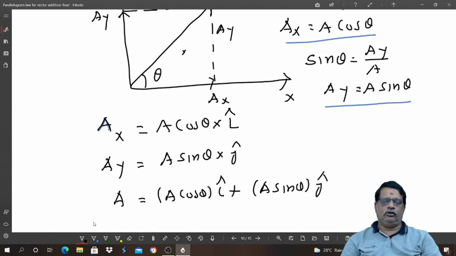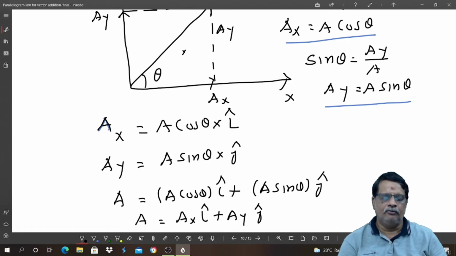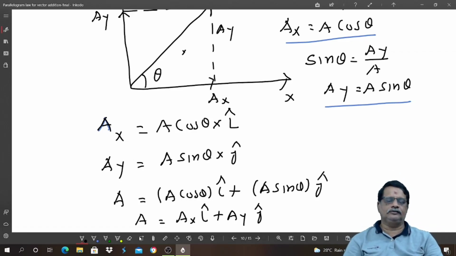Or you can also write it as A equal to ax into i cap plus ay into j cap, where ax is the modulus of the x component, ax is a cos theta and ay is a sin theta.